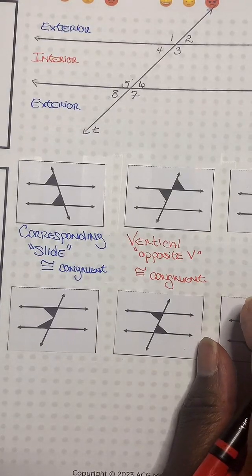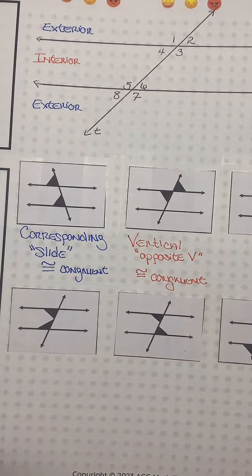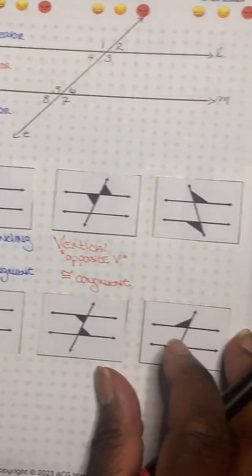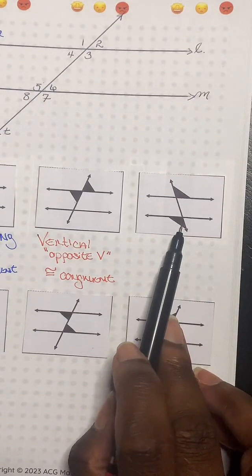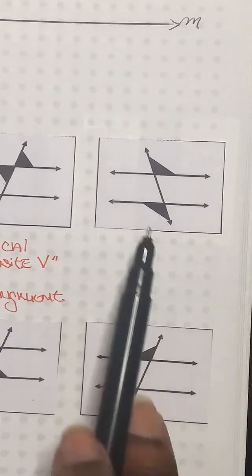All right. So now we're actually going to do a little bit of change-ups. So when we got into looking at some other types, when I look at these, what's happening to these two angles?